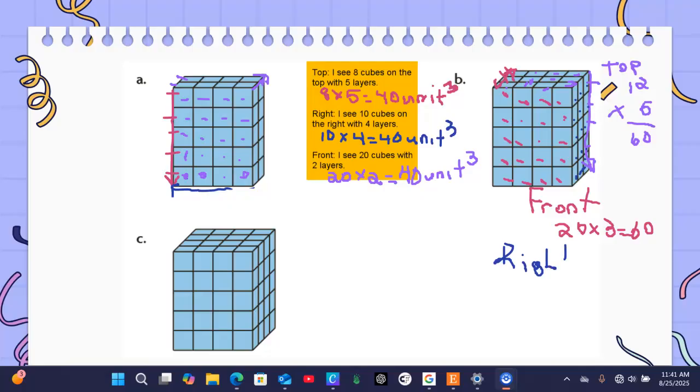And I'll show that to you. If we have the right side, we must go to the left. And here will be your 4 layers. 1, 2, 3, 4. And we know that 15 times 4 will give us an answer of 60 units cubed.